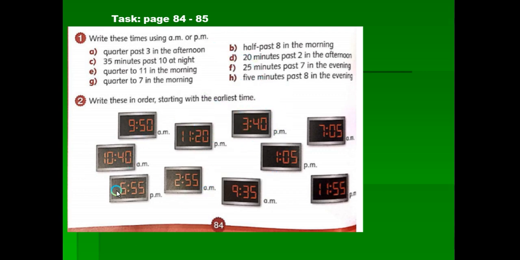All right. Now, write these in order, starting with the earliest time. That means you're going to start from the AM, which is the earliest time. You're looking for AM. This is 9. 9 cannot be the smallest. 6 cannot be. 7 cannot be. 7 a.m. So which one is the smallest?